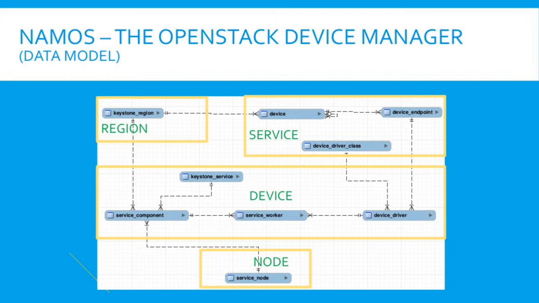The given region is deployed with multiple services, each service is connected to multiple devices, and each node is deployed with different services which are connected to different devices. So as we saw earlier, those three perspectives are captured in this data model.